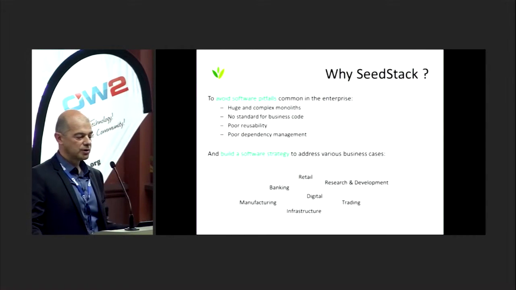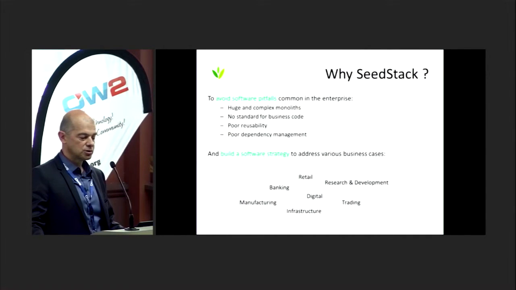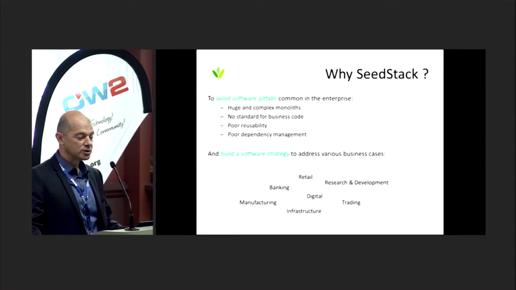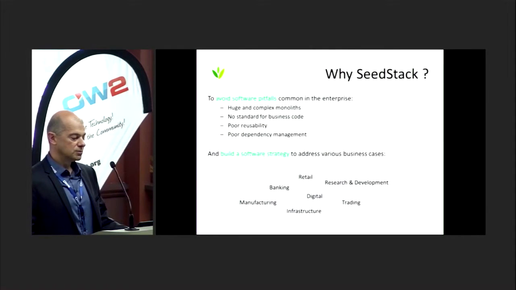they come without standardization for the business code. So the business code was done by each developer as he wanted to do it. So there was no standardization of the business code. We have a very poor reusability of our code for the technical libraries, but also for the functional libraries or business code.